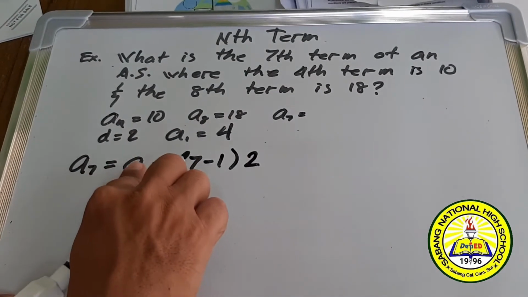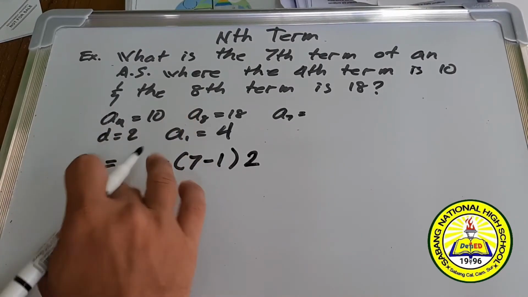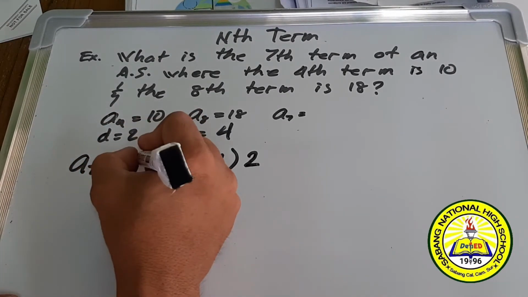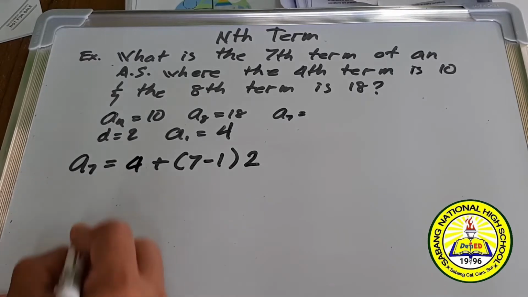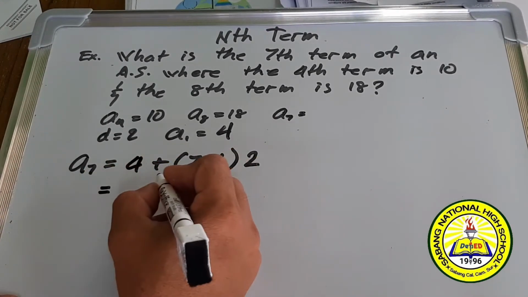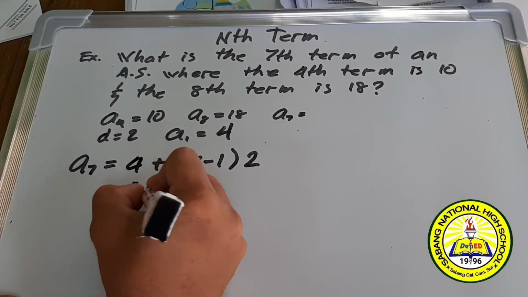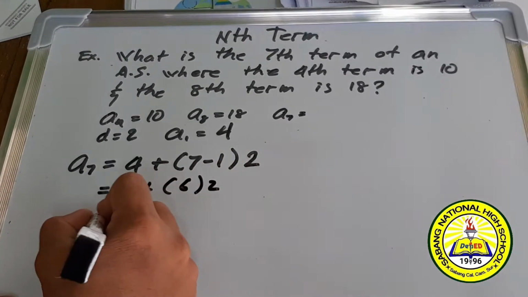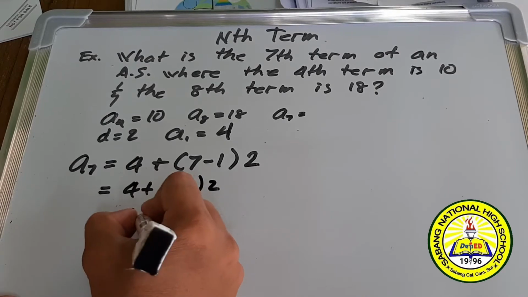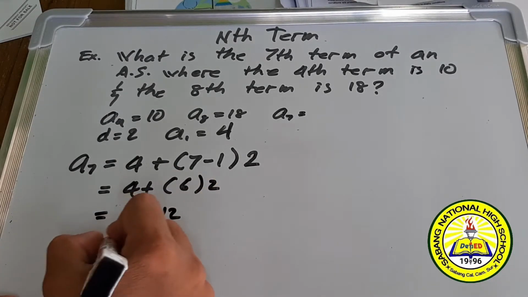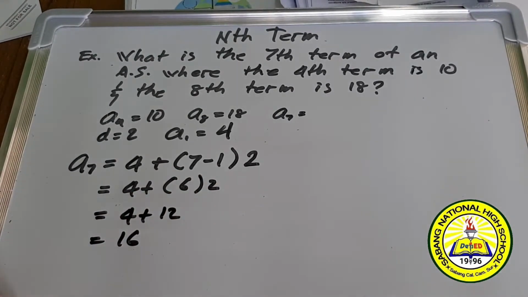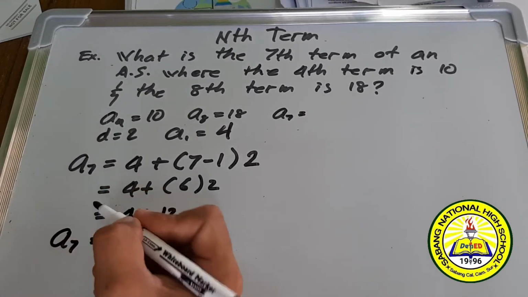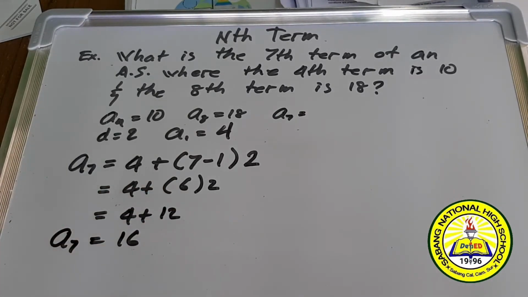Since a sub 1 has already been computed, the same as d, we're going to change a sub 1 with 4. Therefore, we have 4 plus 6 times 2. We have 4 plus 12, that is 16. Therefore, the seventh term is 16.